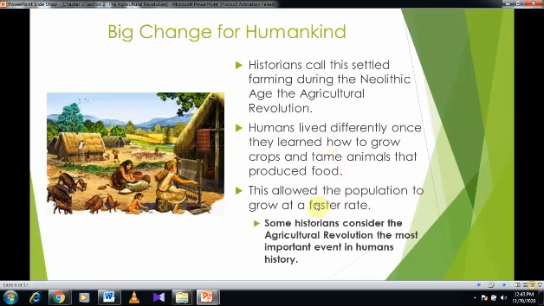This allowed the population to grow at a faster rate. They settled in one place, they grew crops, they tamed animals, they produced food, they started building their houses. They did not have to move from one place to the other. Some historians consider the agricultural revolution as the most important event in human history.